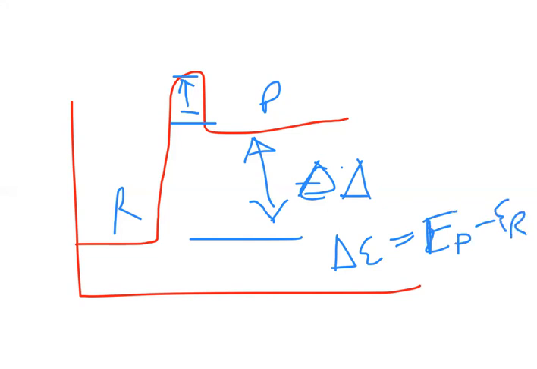This can be computed by considering the energy levels of the reactant and that of the product. But there is this energy here, meaning when you have the reactant, before you go to the product, you need to overcome this energy. So what we need is to make sure that this activation energy is overcome.